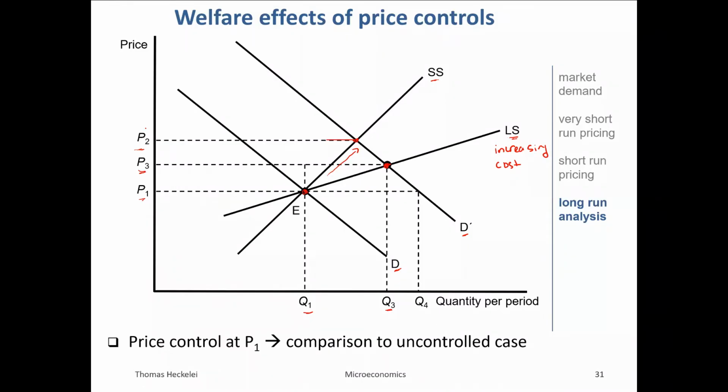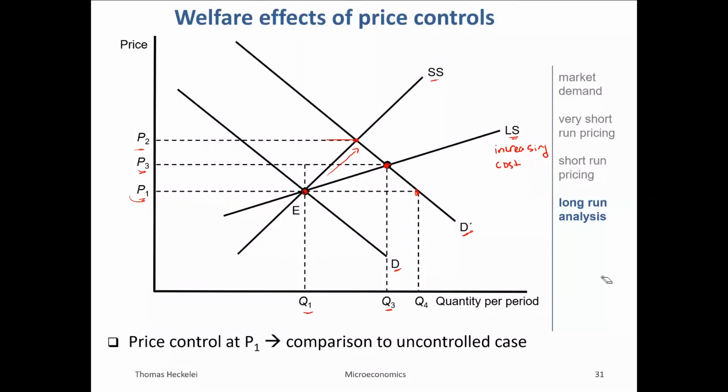The very first thing to notice now is that when the price is kept at this P1 level, but demand has shifted already, then the quantity demanded is not Q1 or Q3 anymore, but Q4, because this is where the new demand curve is. All right, so that is important.